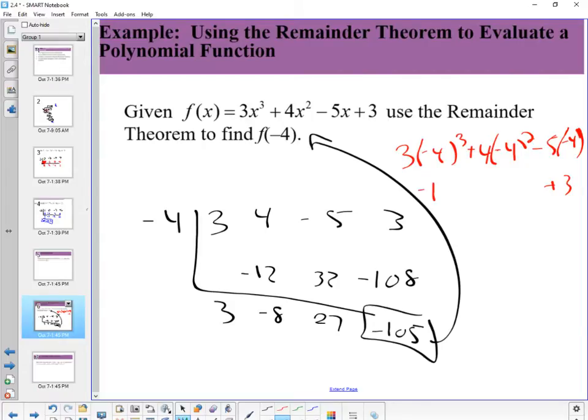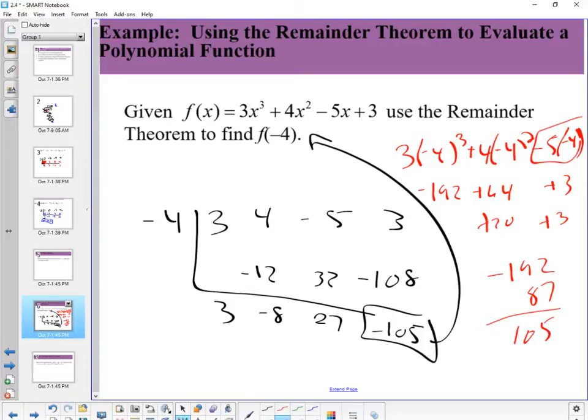That's a negative 192. 16 times 4 is 64. This will be a positive 64. This would give me a positive 20 and then a positive 3. So I got negative 192. What am I taking away? 64, 84, 87. Okay, so 192 take away 87 is, whoa, something's wrong. It's 105. There it is right there too. Boom. Pretty cool, huh?